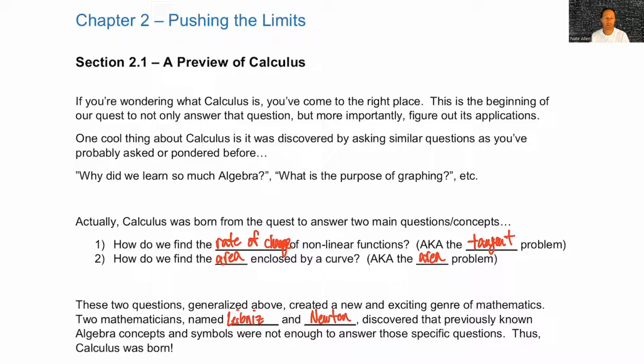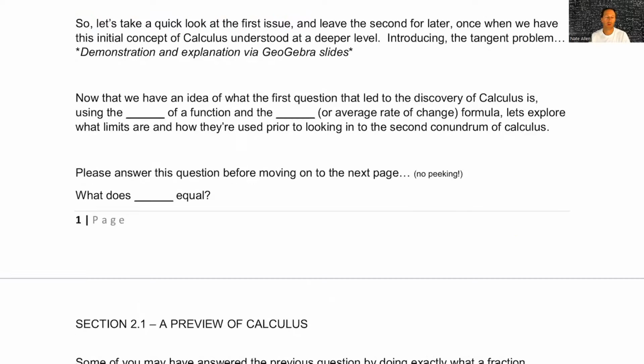Pretty amazing stuff, right? So they get a lot of the credit, even though there was predecessors that started these inquiries. So we're going to go ahead and start with this first question. And I'm going to start this by giving you guys a quick demo and explanation via some slides that I created in GeoGebra. All right, so let's go check that out.